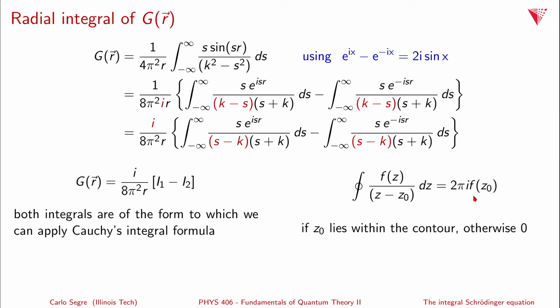And that only holds if z0 lies within the contour. Otherwise, you get a 0.